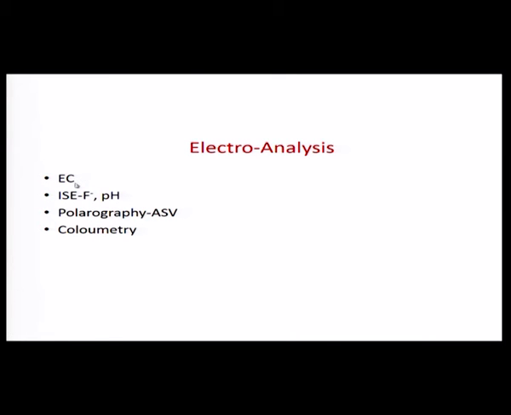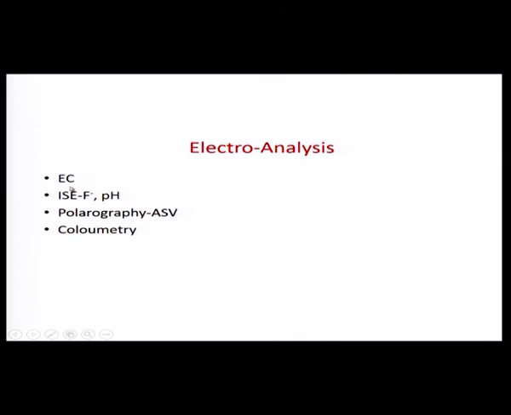Suppose we go for TDS measurement by gravimetric evaporation, cooling, weighing, all these things, at least 4 hours it will take. But with electrical conductivity, within a minute we can get the electrical conductivity as well as the TDS. So, this is one of the very important applications of electrical conductivity based on Ohm's law.